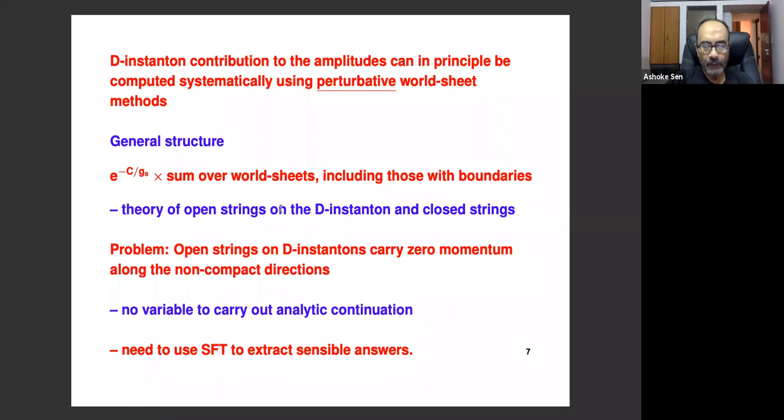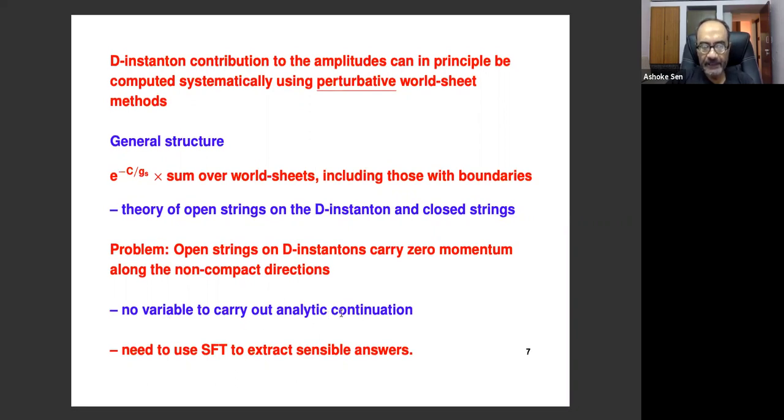So effectively, what we have in the presence of d-instantons is the theory of open strings on the d-instanton and closed strings. The problem one faces in carrying out this program is that open strings on d-instantons carry zero momentum along the non-compact directions. Because of this, there is no variable in which you can carry out analytic continuation.